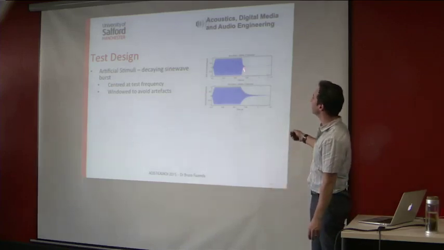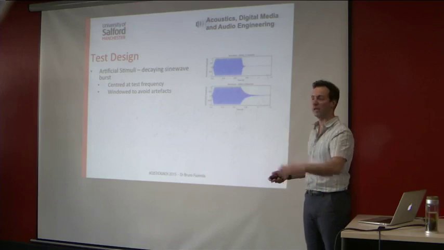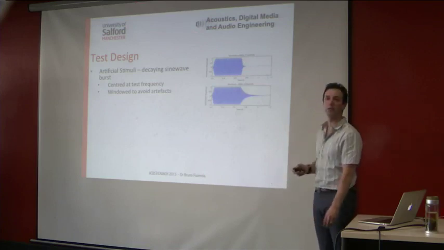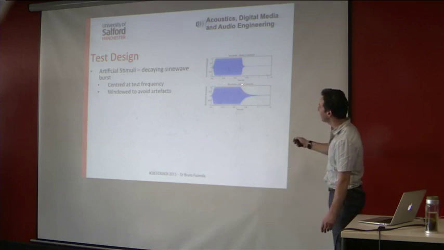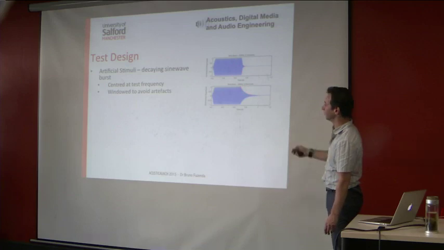That would be our baseline, which is no decay whatsoever, just the sound. It's got to be windowed so you don't get any artifacts. But that decay there is too short for anyone to perceive it as a decay. And then what we do is we add the decay that would come naturally if this was a mode. Okay? So that would be our baseline, our reference, and this is the modal decay added on.